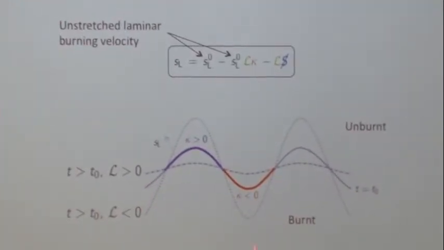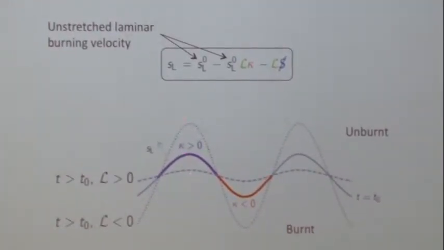So this has a destabilizing effect. The parts of the flame that are ahead of the mean become faster, and the others become slower and slower, and so this leads to an instability. And that's why lean hydrogen flames are very different from other hydrocarbon flames.